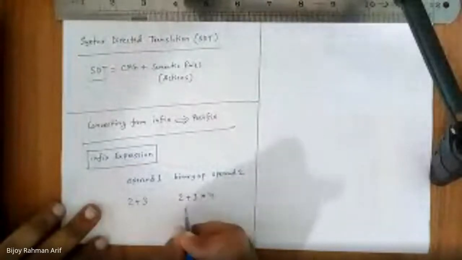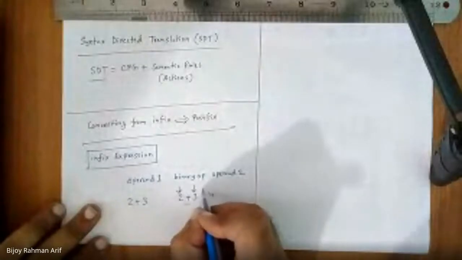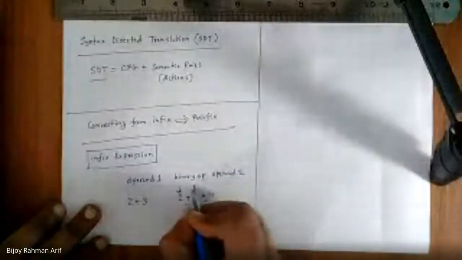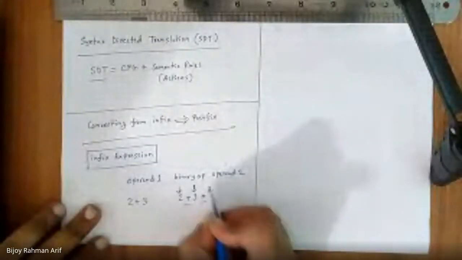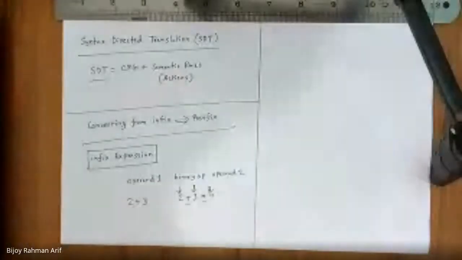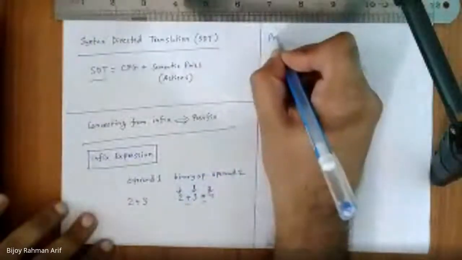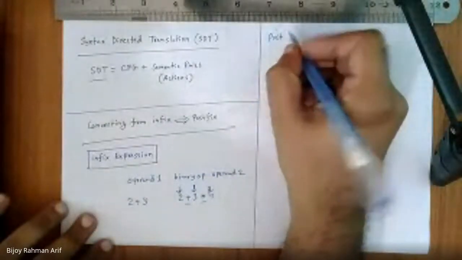Each operator is between operand 1 and operand 2. These are called infix expressions. So what is a postfix expression? The operator is after the operands.